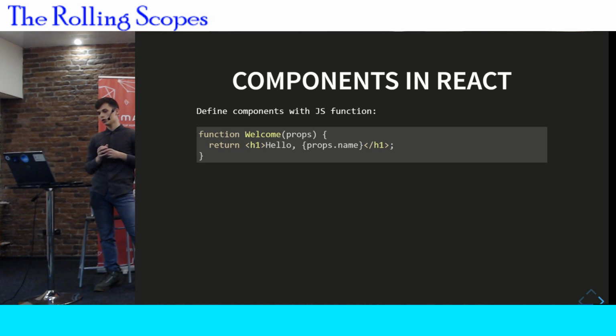Here, function Welcome accepts props. I will not speak about validation of props. Think of it as we accept props and then later we can use them. Here the function Welcome returns some JSX.